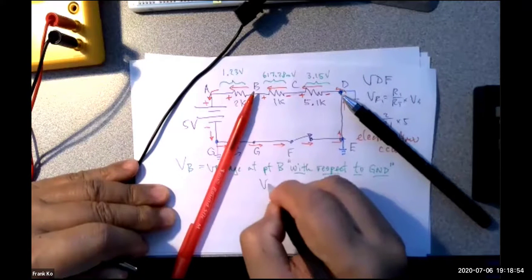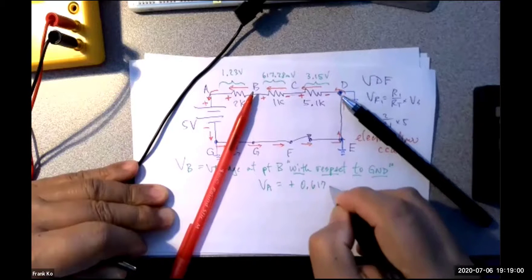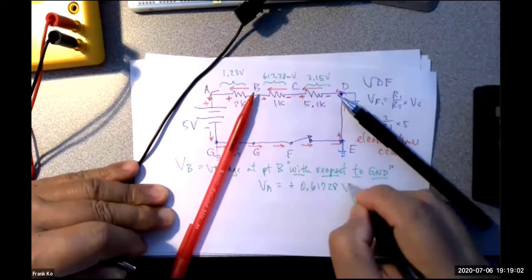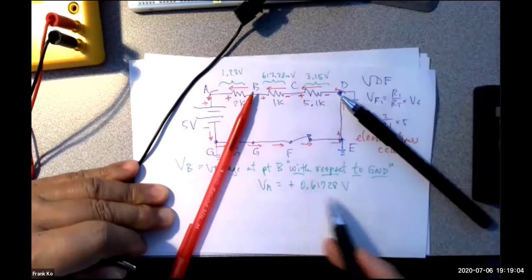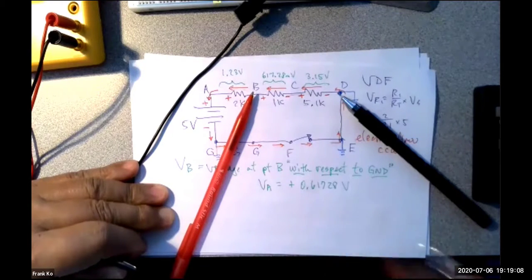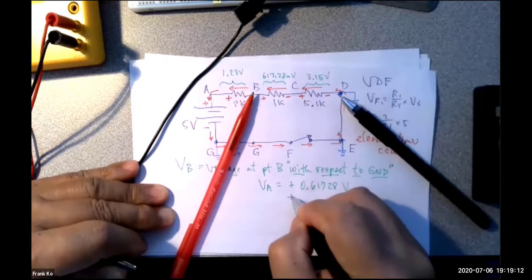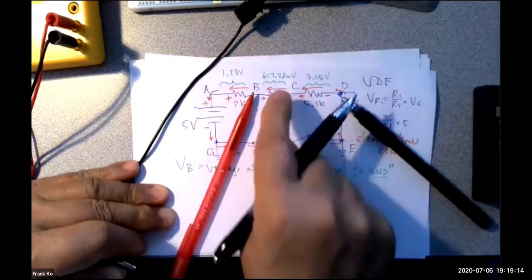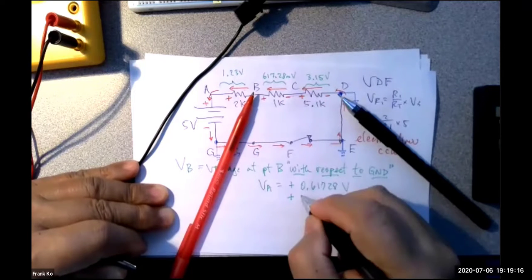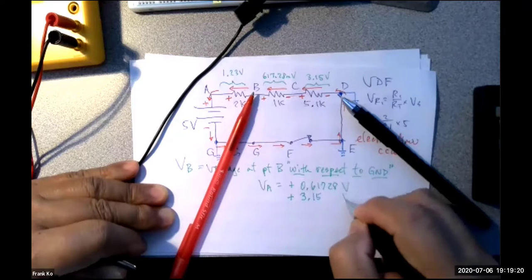Your solution is very simply this. V at B is equal to a positive 0.61728 volts. Could I write this as a decimal? Isn't this amount in milli, in decimal? I could write it that way. And isn't that going to be added to the 3.15 volts?